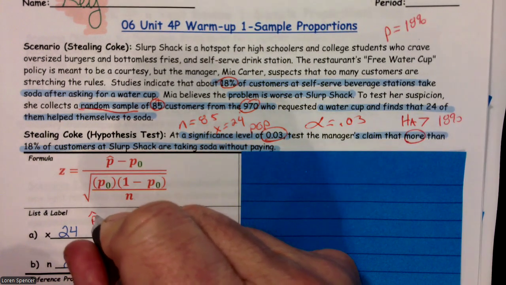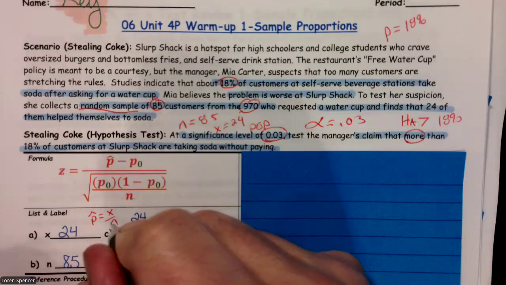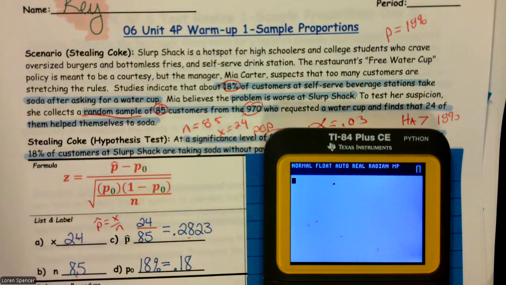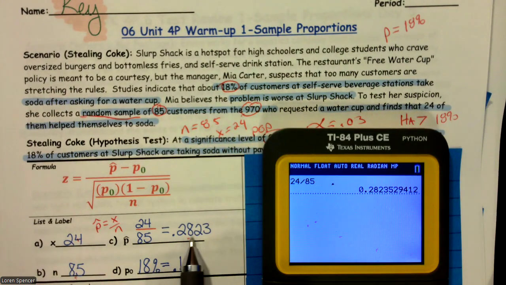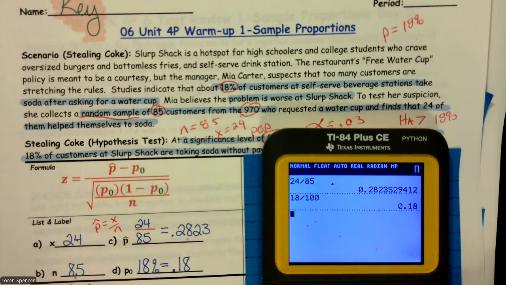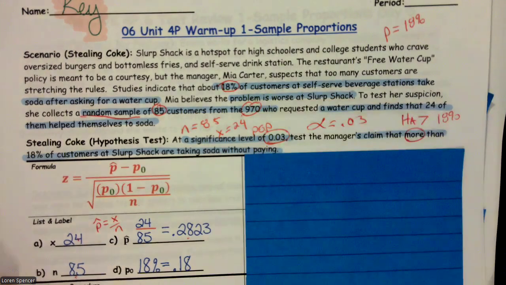Please don't forget, P hat is merely X over N. So 24 over 85. Let's take a look at that real quickly. 24 divided by 85, and sure enough, we get 0.2823. And the population proportion is 18%, which is 18 divided by 100, so 0.18.